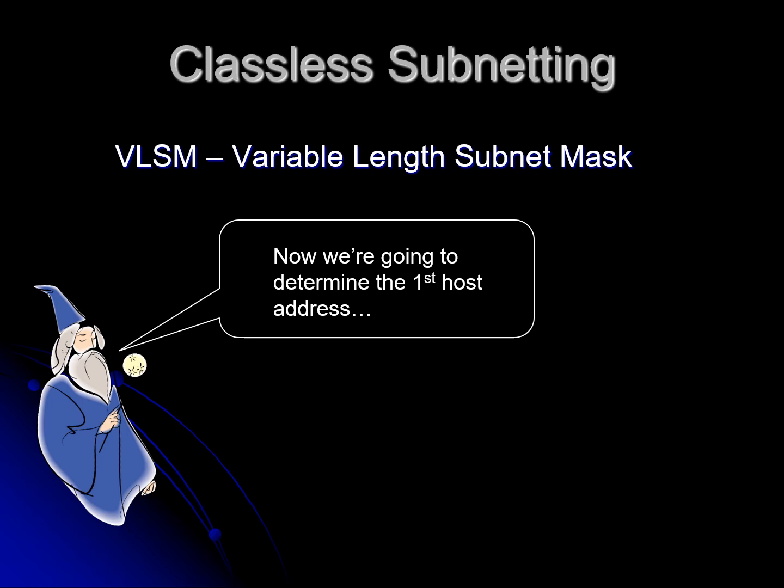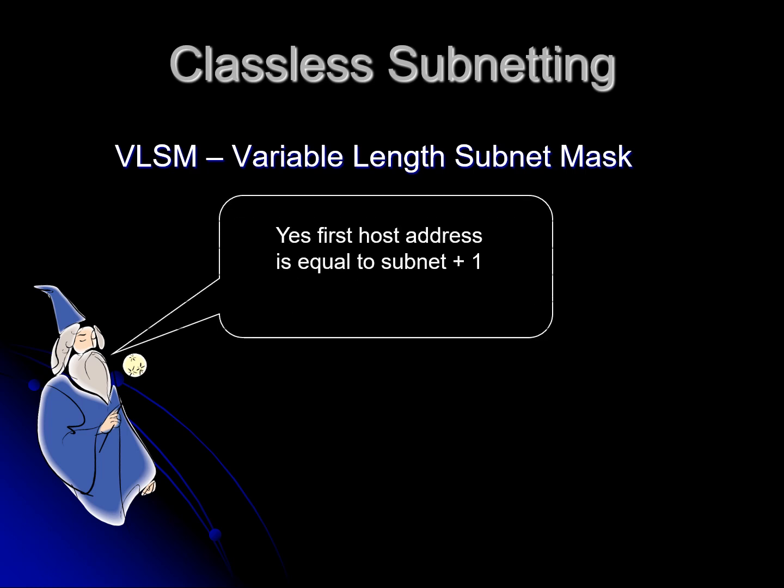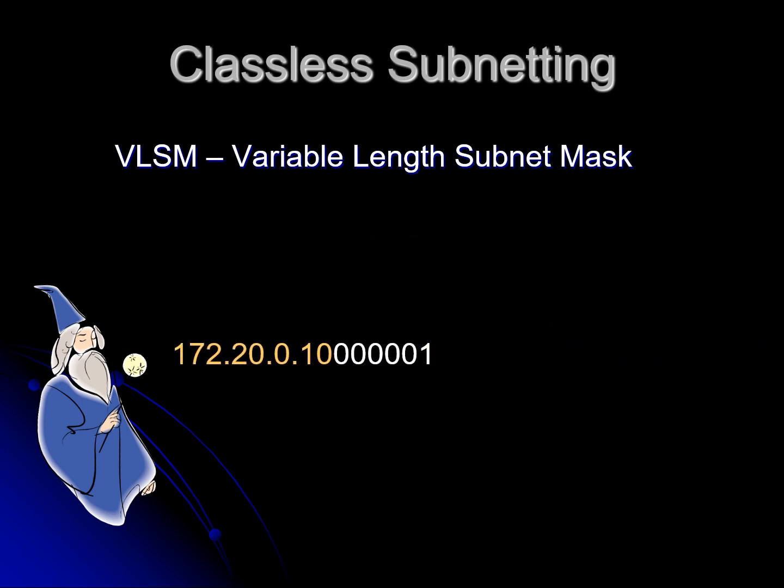Now that we've got our subnet mask, we're going to have a look at the first host address, which is pretty much your network address plus 1, right? Subnet plus 1. So in binary, it'll look something like that.